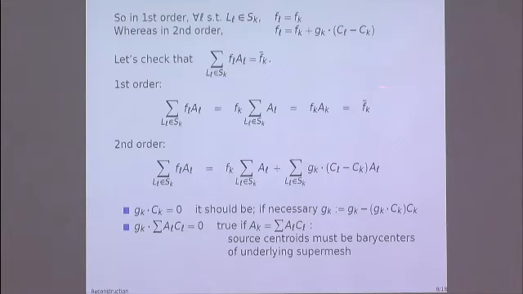These are, of course, the center of the cell of the supermesh and the center of the source element. And now let's check that in both cases, with first and with second order, you've got the fundamental relation that guarantees conservation.